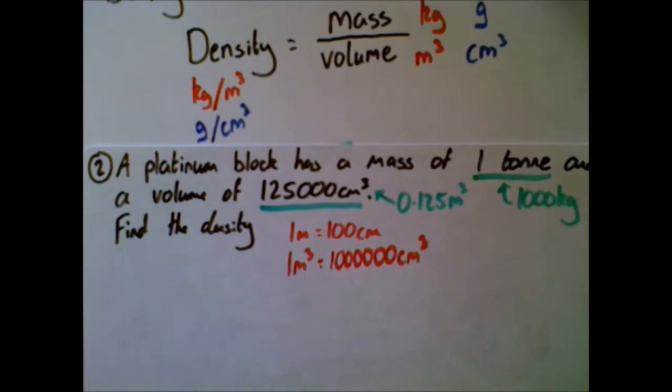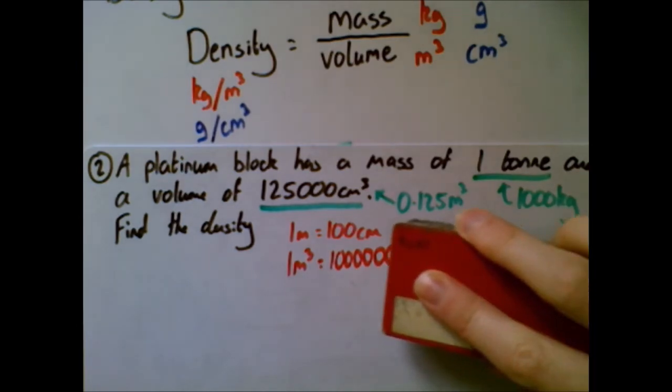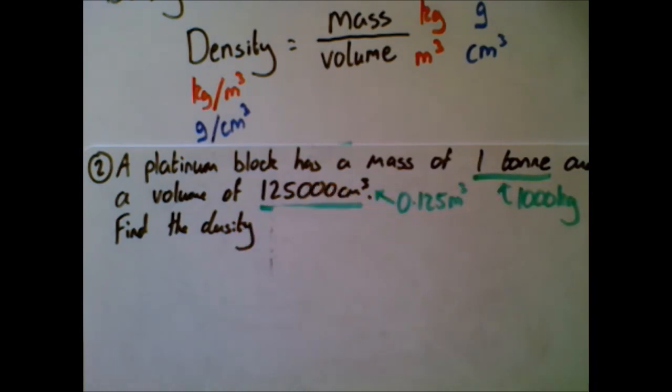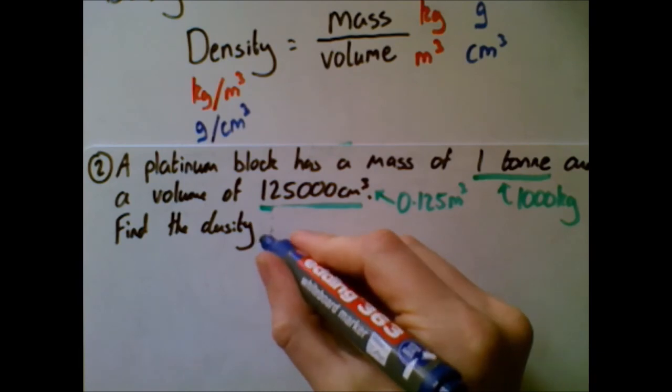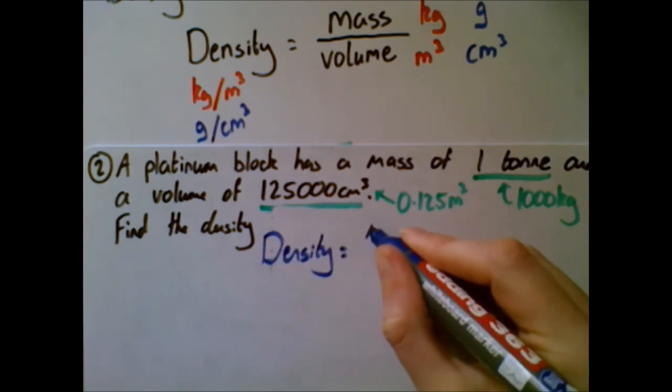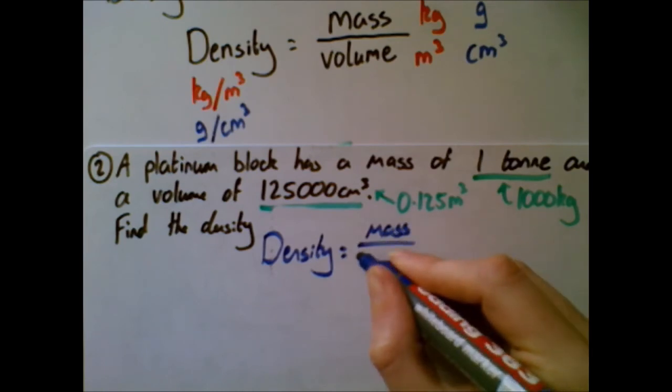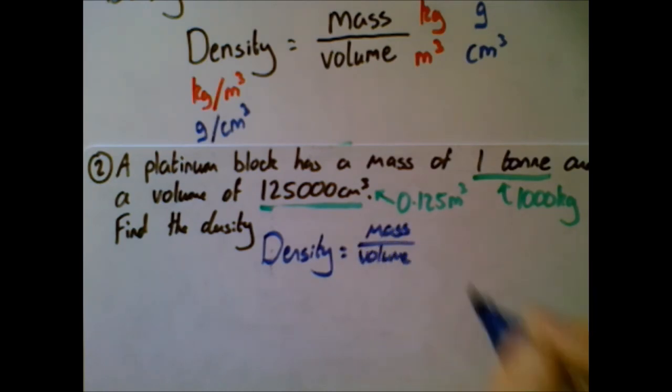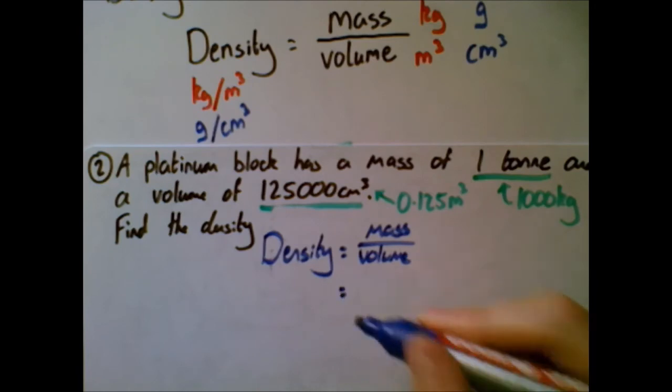Okay, right, I'm just going to get rid of this now then, because we're going to need to do our calculation. So I'm going to go to my formula. Density equals mass over volume. And now what we can do then is just put our numbers in, because we've already done all the conversion.